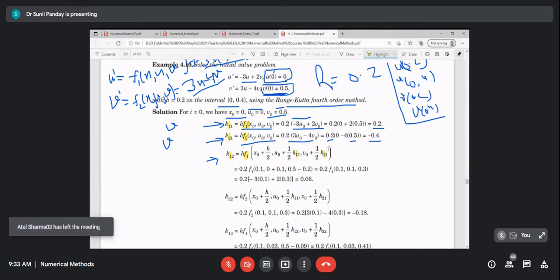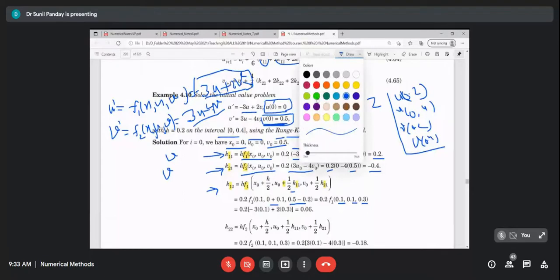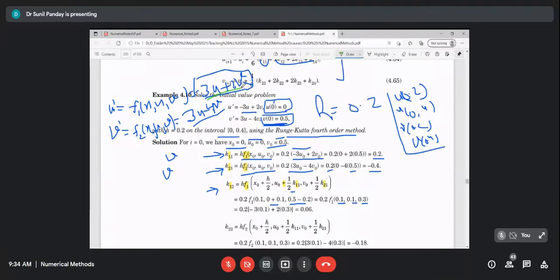Then we substitute the value of k11 is 0.2, 0.2 by 2 is 0.1, and similarly k21 is minus 0.4, so half of it is minus 0.2. After simplification you have these values, and then you use the definition of f1.